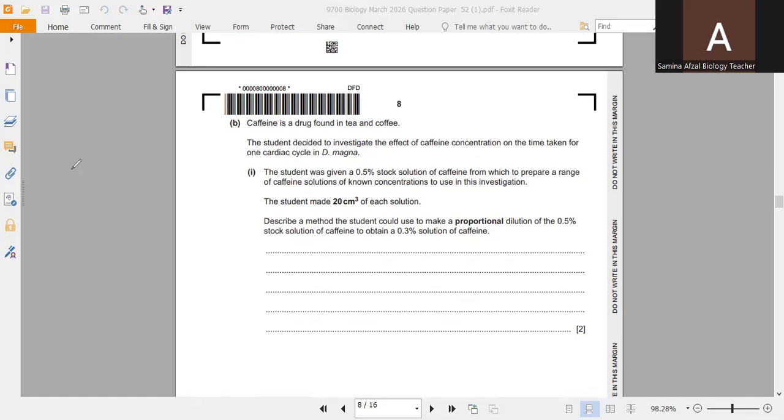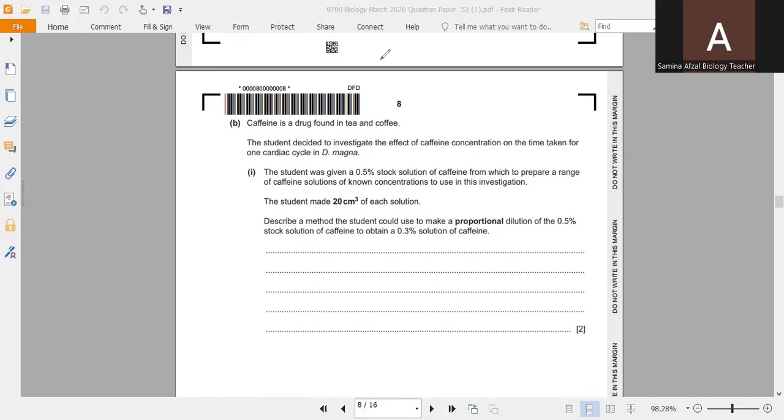The student was given a 0.5% stock solution of caffeine from which to prepare a range of caffeine solutions of known concentration to use in this investigation. The student made 20 cubic centimeter of each solution. Describe a method the student would use to make a proportional dilution of the 0.5% stock solution of caffeine to obtain a 0.3% solution of caffeine.